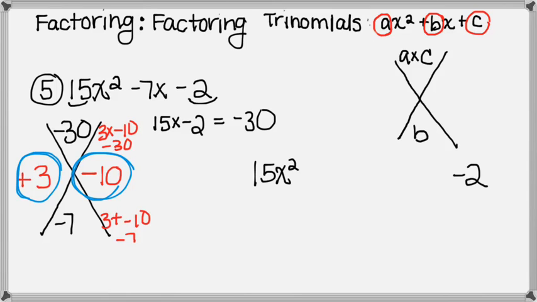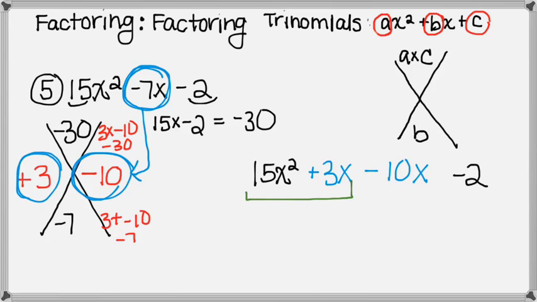So right here, where we had a -7x, instead I'm going to use the 3 and the -10 as the coefficients. So instead of -7x, I'm going to write it as plus 3x minus 10x. So I essentially found the best numbers in order to break up that middle term of -7x, so that we can do factoring by grouping.